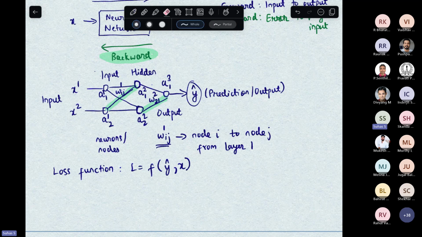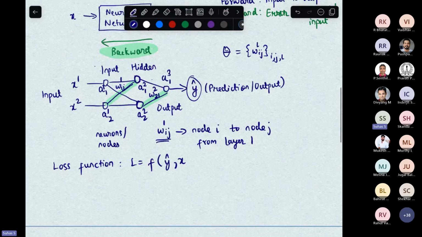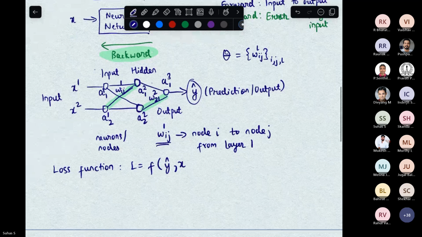So let's say all the Wij's of any layer L are collected in some vector. This theta is the set of all parameters in the neural network, and the loss is a function of theta.